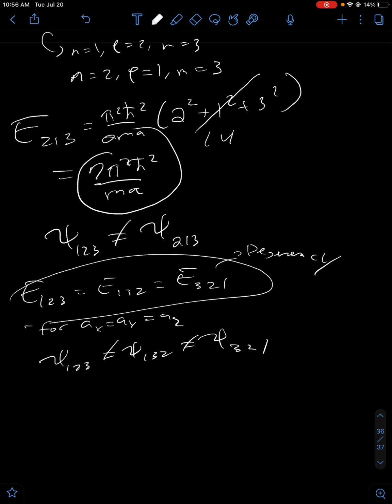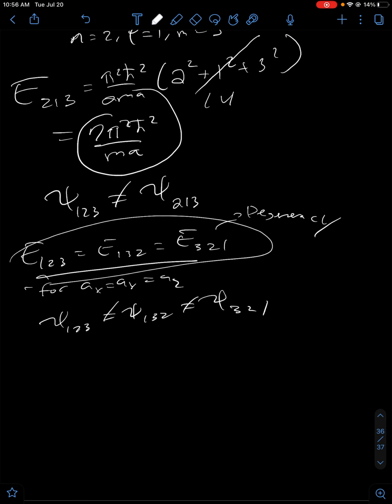When separate states correspond to the same eigenvalue, we call that degeneracy. And since there are three eigenvalues that correspond to different states but are equal to each other, we call that threefold degeneracy.